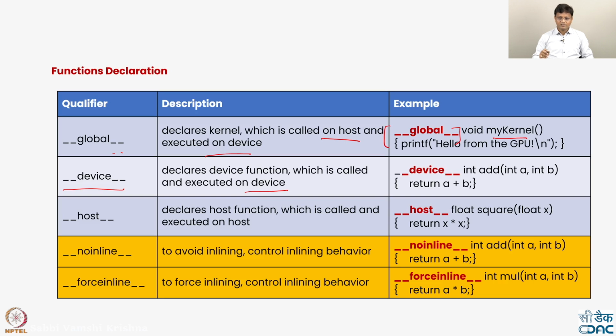That means that single GPU is going to call this device function, and the same GPU is going to execute it. If you have multiple GPUs, in that scenario, one GPU can call this device function, but another GPU can execute it.